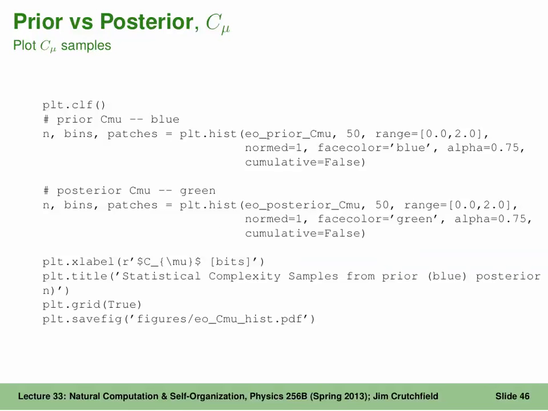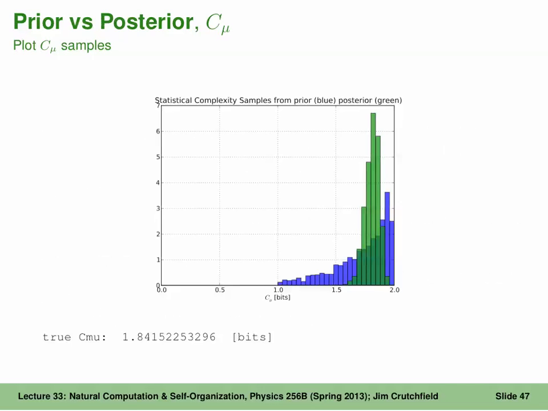Okay. And then for C mu, same kind of thing. C mu for the prior could be between 1 and 2 bits. The posterior ends up being here, which I think is pretty good for the true value.